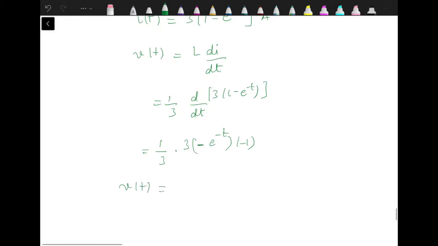So Vt is actually e raised to power minus t volts.